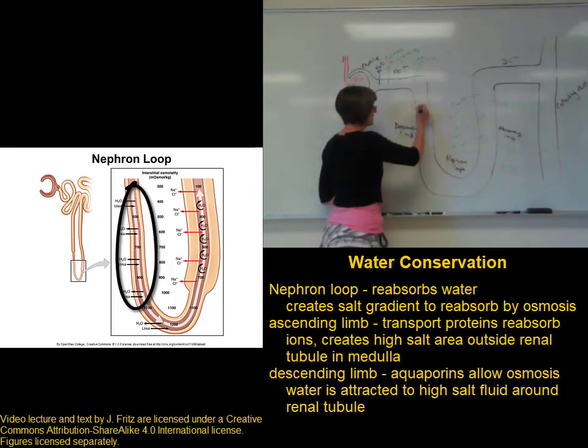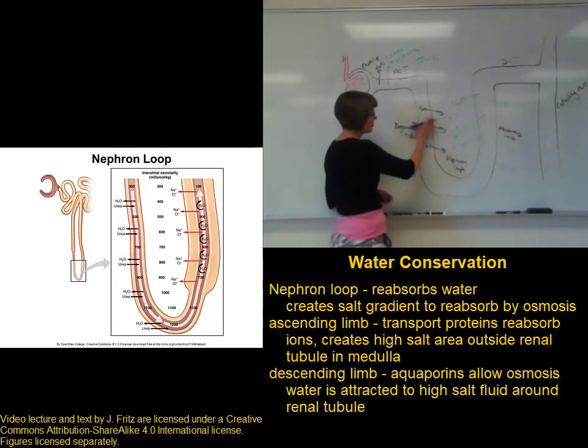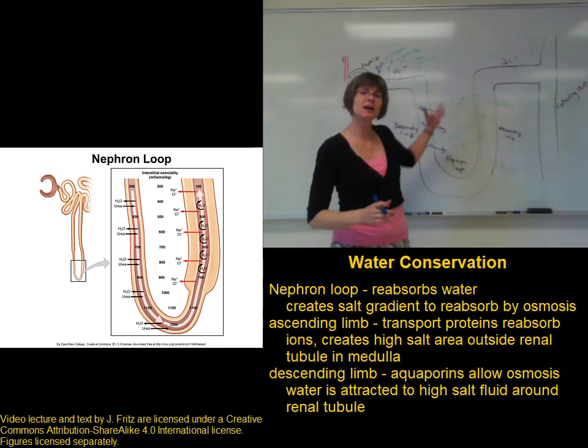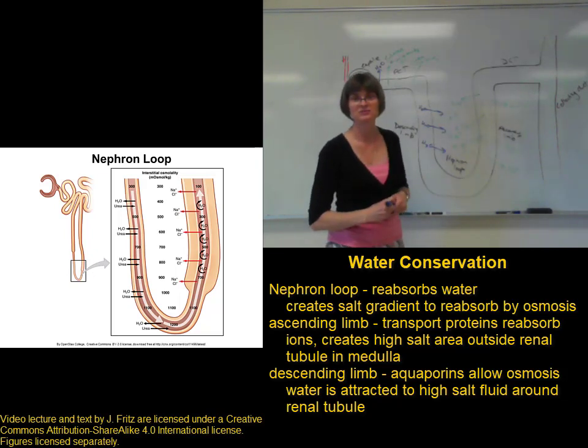So water is going to be reabsorbed all along this descending limb of the nephron loop. Water is going to be pulled out of the nephron loop and into the surrounding tissues, where it can be picked up by the vasa recta capillaries that we find around the nephron loop.